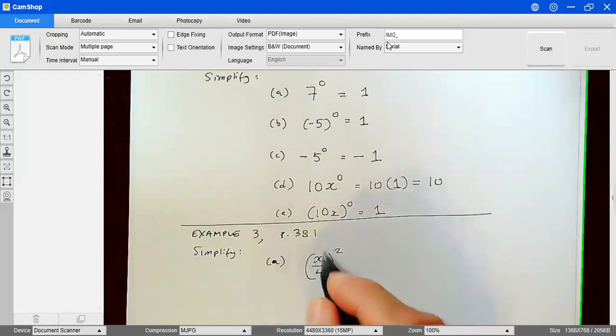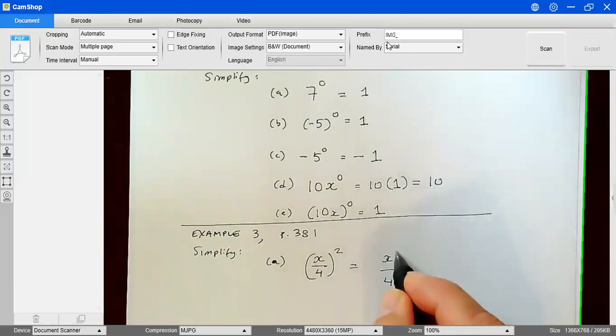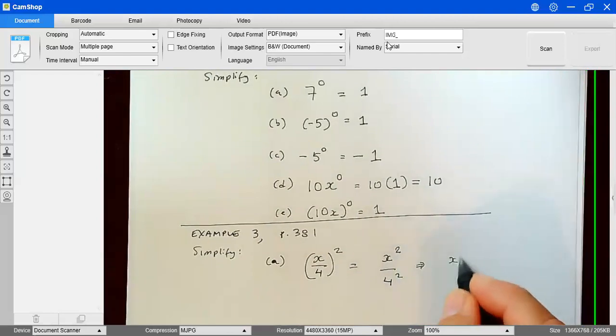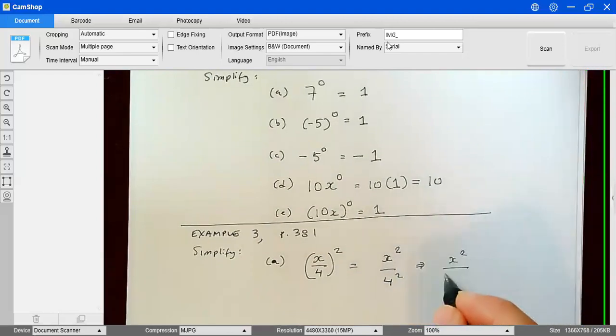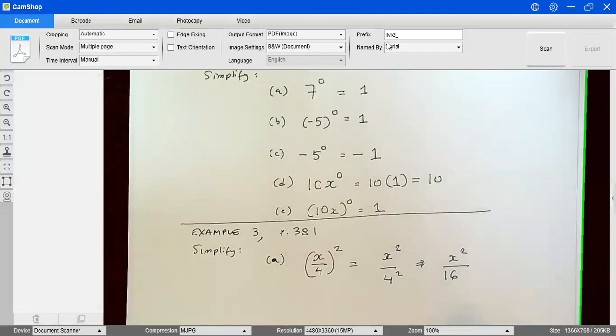So I'm going to distribute the exponent, affecting now one part of the base and the other part of the base. So now I'm going to simplify by just rewriting this 4 squared as 16, because 4 times 4 is 16.